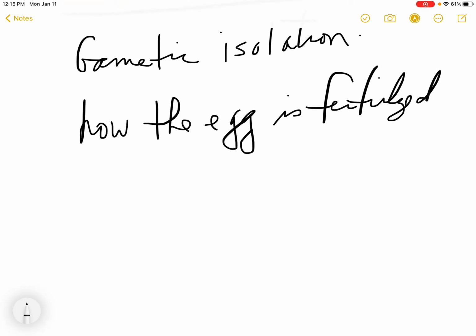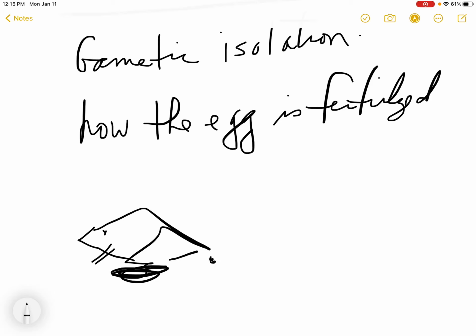For instance, frogs, basically, here's a female frog, right? Sitting here like this. Okay, it sits on the ground and it lays a bunch of eggs.